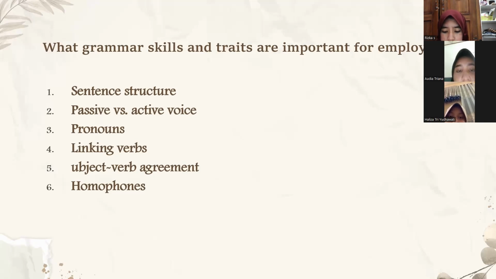And the last is homophones. Homophones are words that are pronounced the same but spelled differently. Some common examples for English include your and you're, their and there, loose and lose, etc.